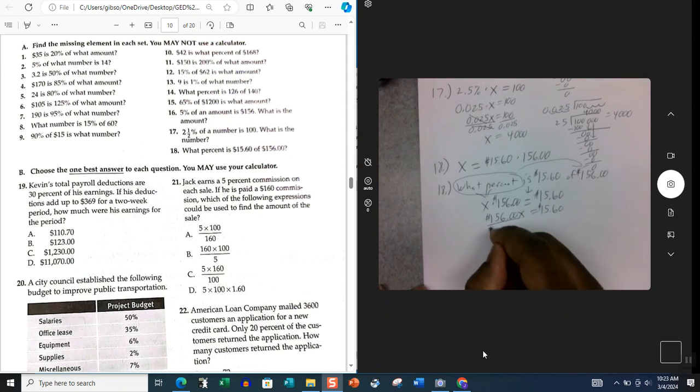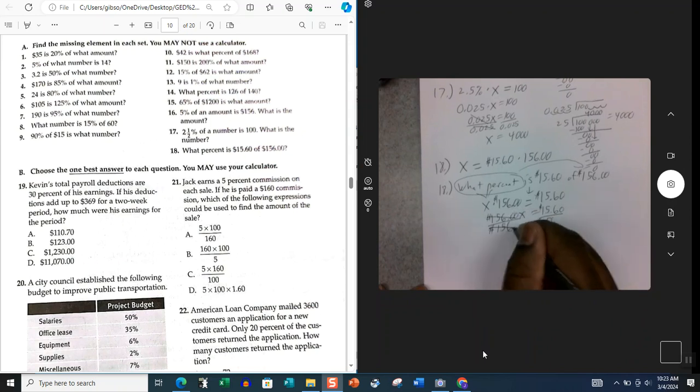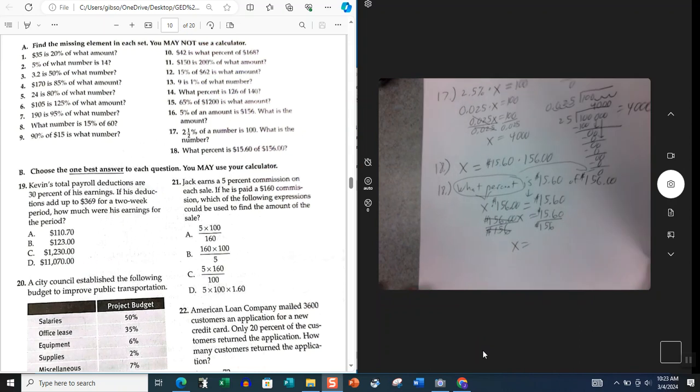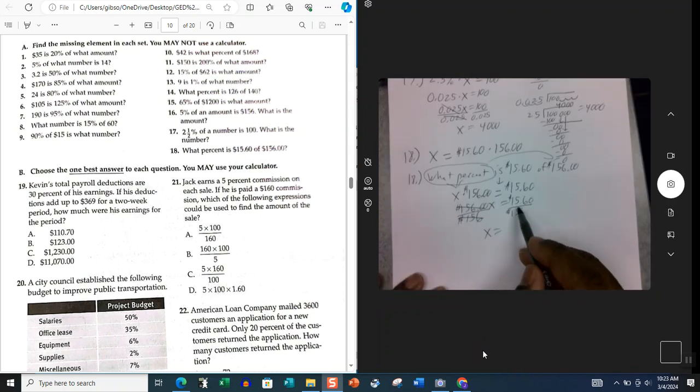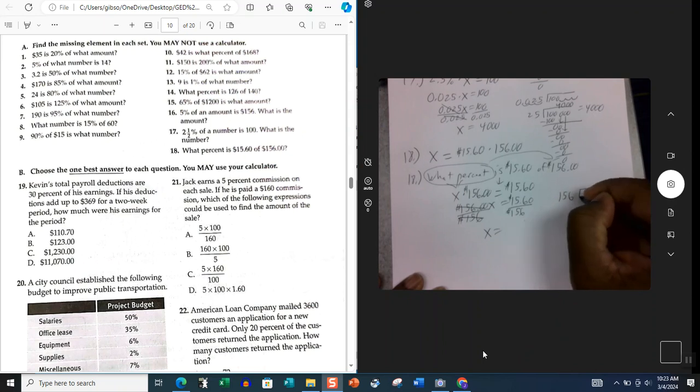We divide each side by $156. We don't have to put the 0.00. That just makes it a little cumbersome. So that's 156. So this will leave us x, and now we have to take 156 into 1560. So we take 156 into 1560.